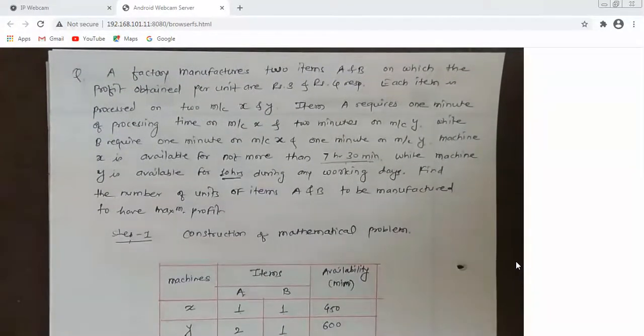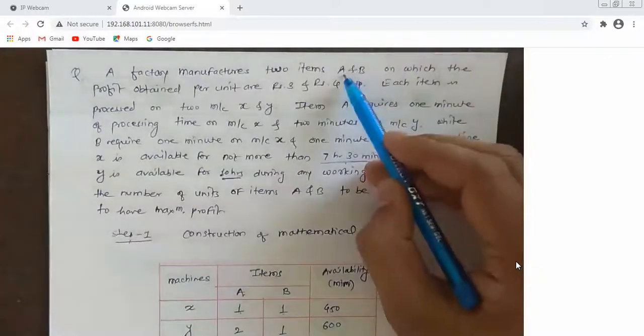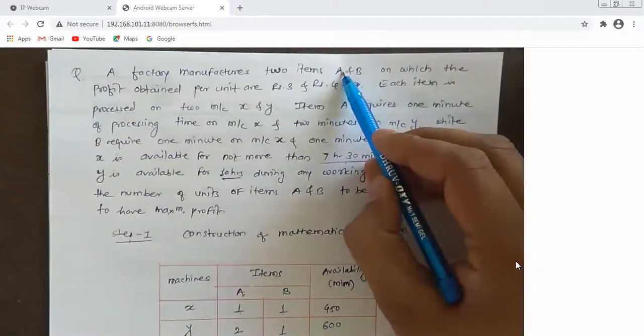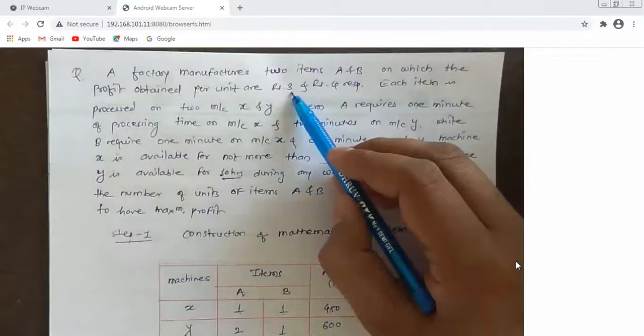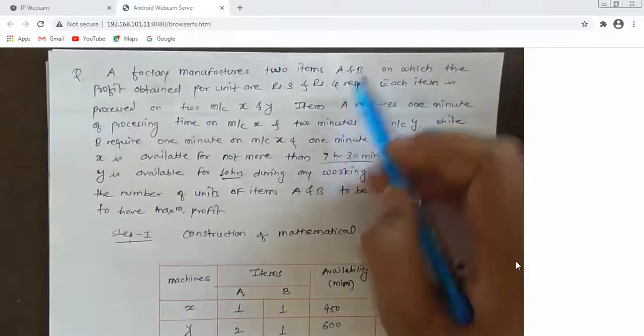What they have given: a factory manufactures 2 items A and B, on which the profit obtained per unit is ₹3 and ₹4. See, profit obtained per unit means if we manufacture item A, then we are getting ₹3 profit, and if we manufacture item B, then we are getting ₹4.